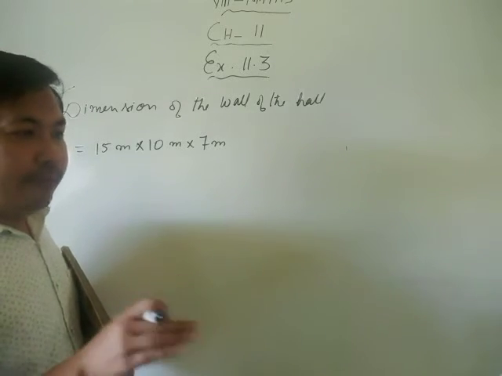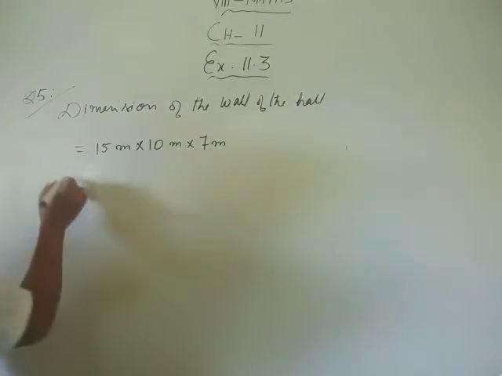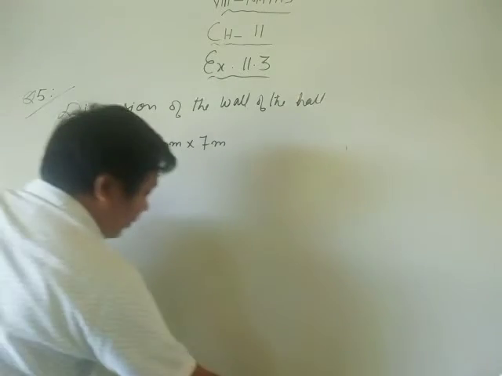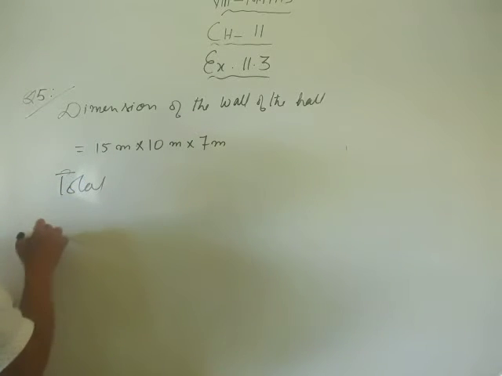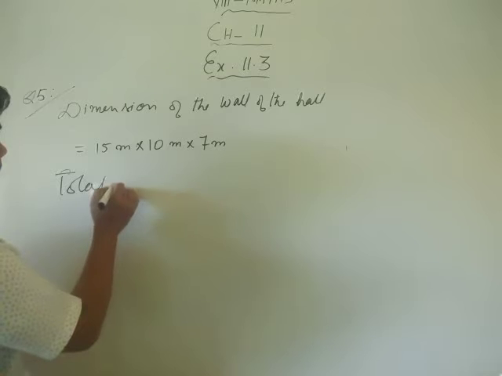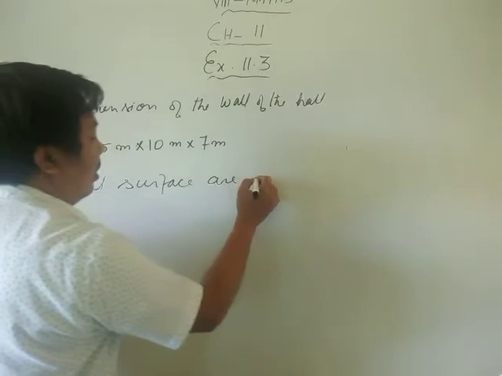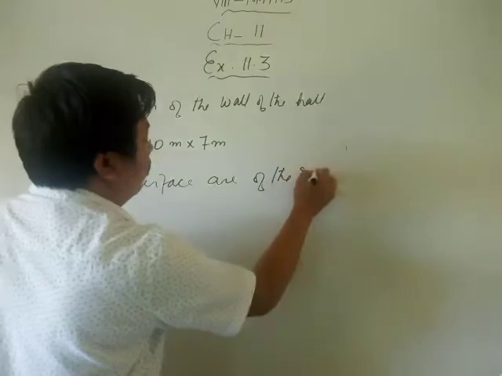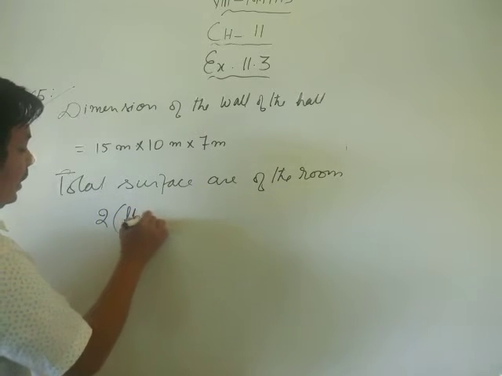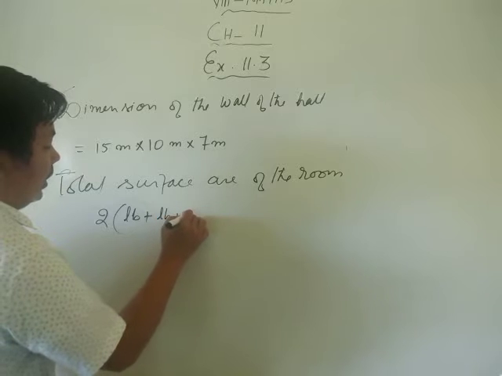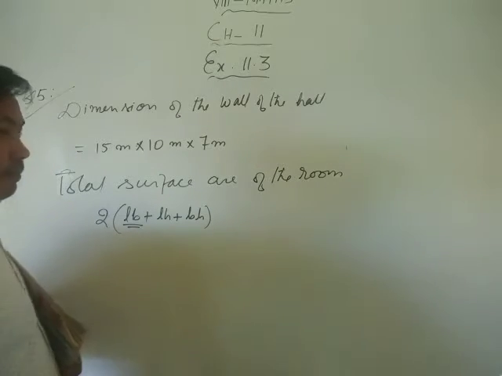Floor will be the same as a rectangle, L into B. Total surface area of the room will be 2 into (L into B plus L into height plus B into height), isn't it?